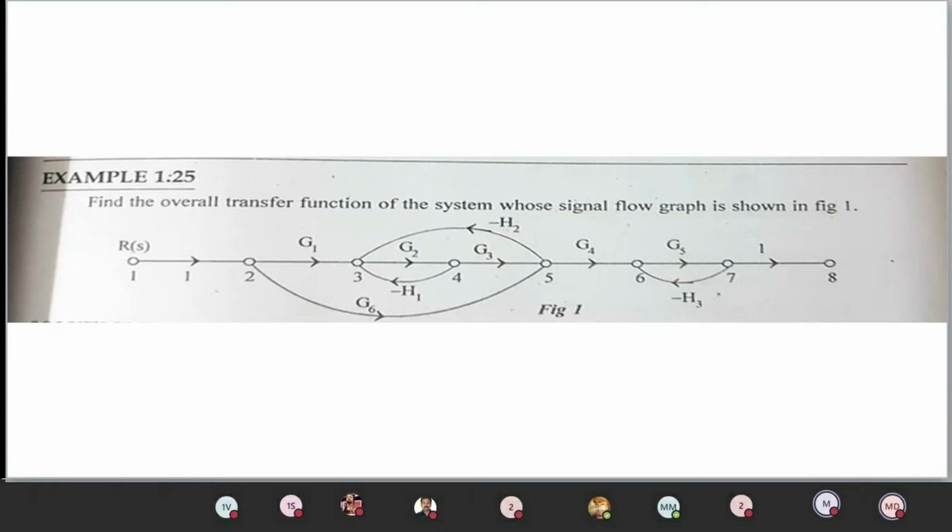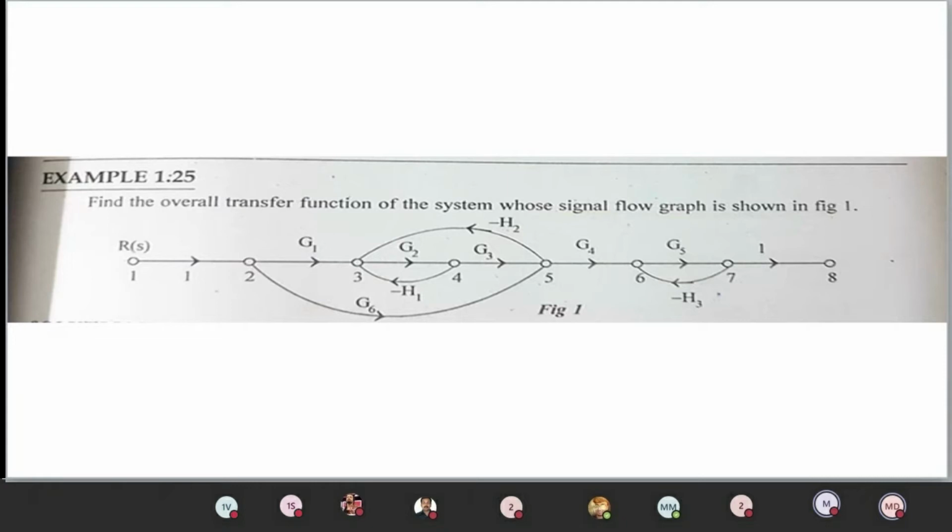Now let us take a second problem. Find the overall transfer function whose signal flow graph is shown. Now, step 1, determine the forward paths. 1 to 2, 2 to 3, 3 to 4, 4 to 5, 5 to 6, 6 to 7, 7 to 8. It will start at the input node and end at the output node. It can touch the other nodes only once, right?